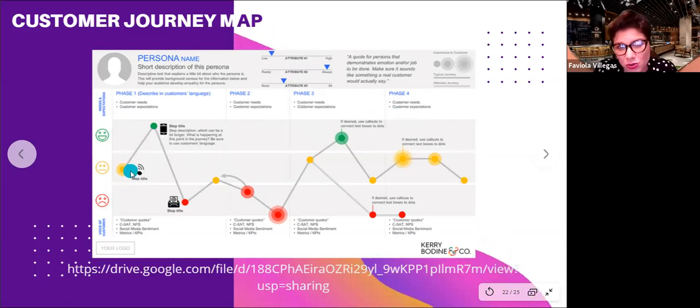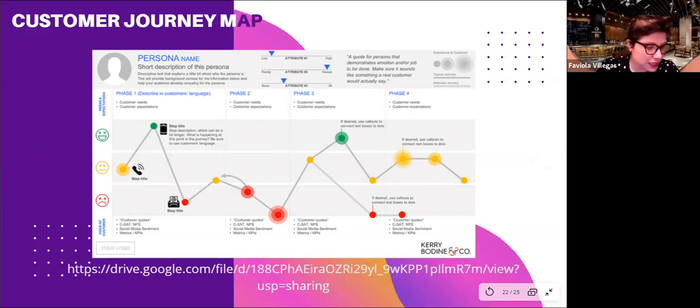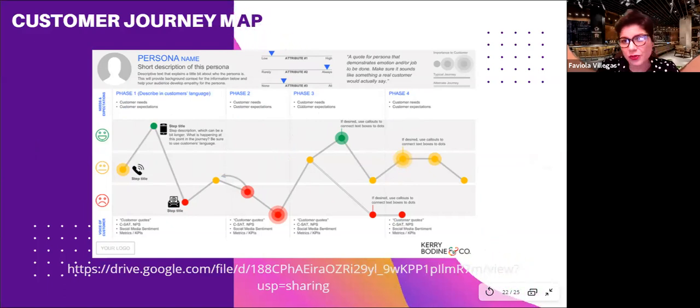Maybe neutral or passive, positive, negative, and you can change all of this. Why is this necessary for your business? Because sometimes you fall in love with your own business and you don't see your business as it is. Maybe you need to improve a lot of areas.